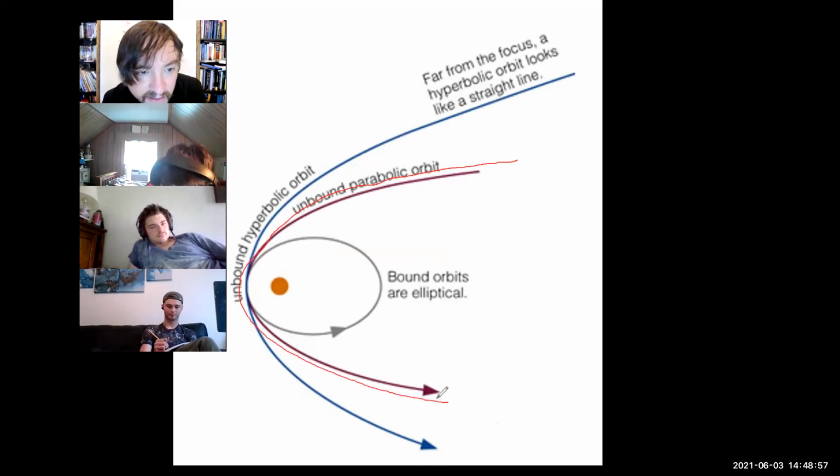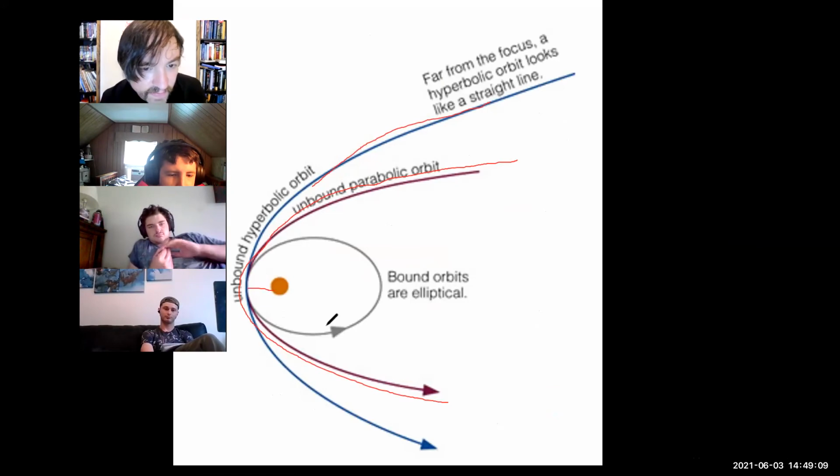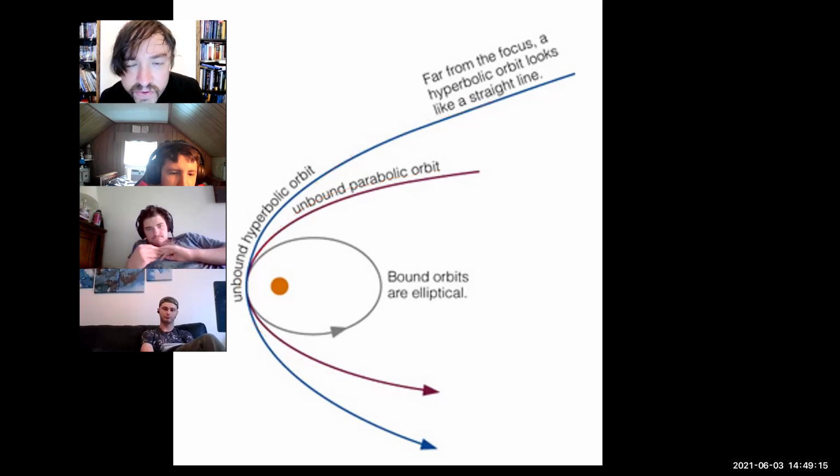Gravity can deflect the path of a particle moving quite fast nearby, and it will bend its trajectory either into a parabola or a hyperbola, depending upon the velocity and the distance between the object and the star. So these are called gravitational slingshots. And because Newton's mathematics was more advanced than Kepler's, he could see that unbound orbits were also a gravitational solution.